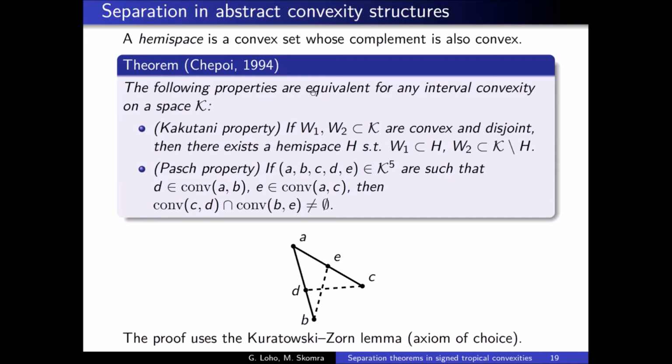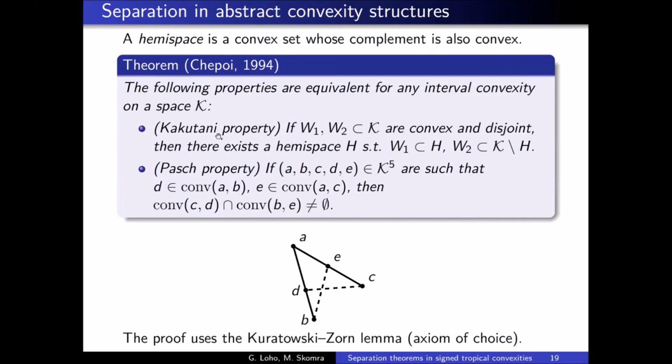So in this abstract context, what people study is separation by hemispaces, where a hemispace is a convex set whose complement is also convex. For instance, half spaces in R^D, or TC half spaces in the signed tropical convexity, are hemispaces in this context. And we have this separation theorem of Chepoi, saying that for any interval convexity, the following two properties are equivalent.